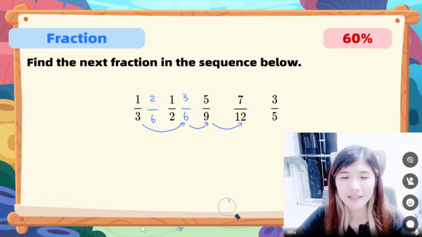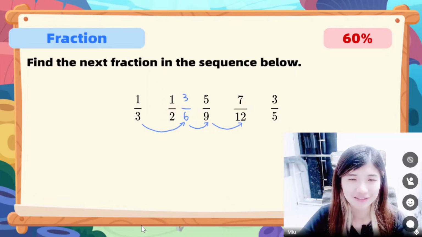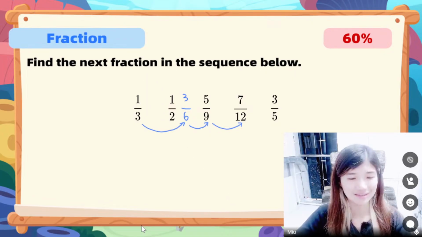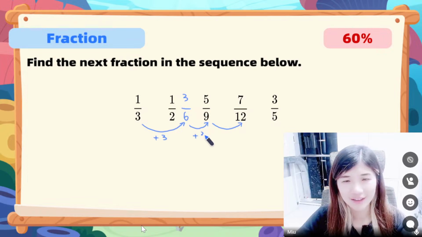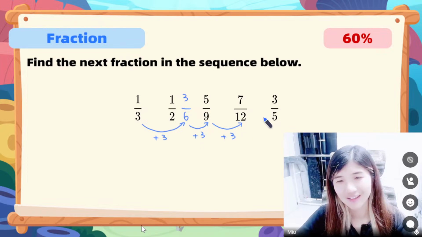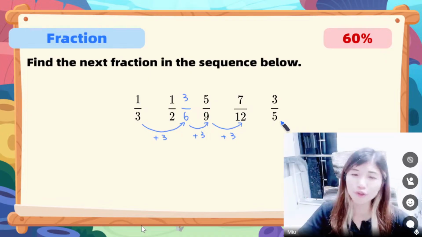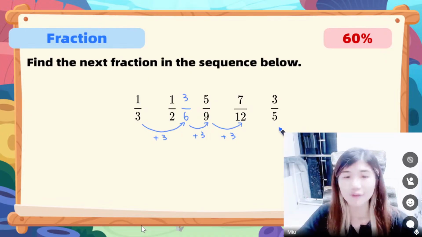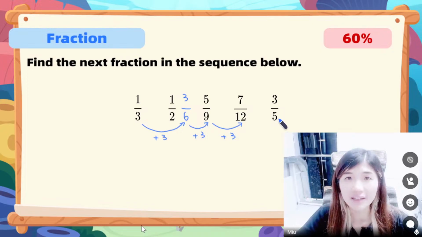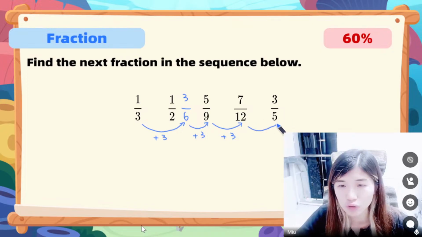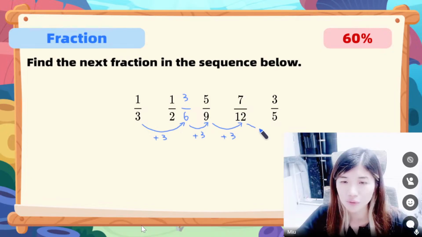What happened to the denominator? It increased by 3. Then you say, from 12 to 5, they're not increasing by 3. It's not. Then it's okay. You try to make it the same denominator to go 3 more also.